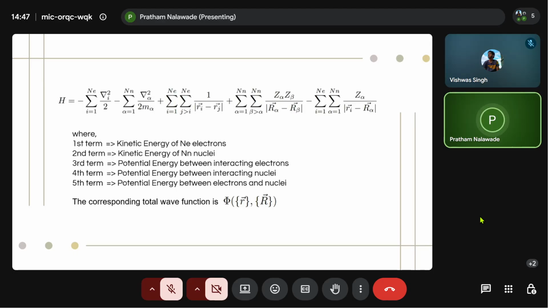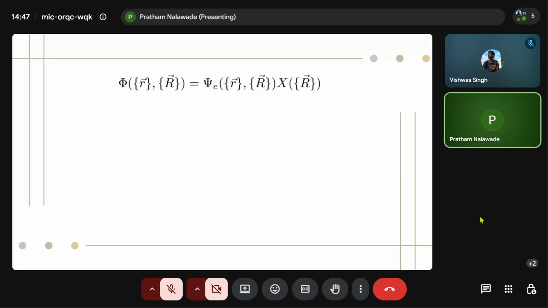And this dropping of these two terms, or I can say not dropping, but separating our Hamiltonian into two separate Hamiltonians, will allow me to write our wave function as a product of two, where my first factor is a wave function of electrons, while my second is the wave function of the nuclei. This separating of the electronic part from the nuclear part is what is called the Born-Oppenheimer approximation.